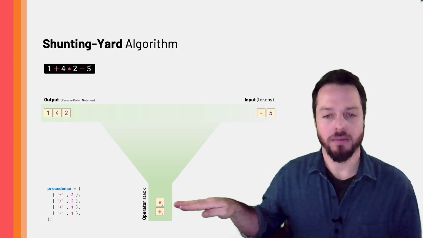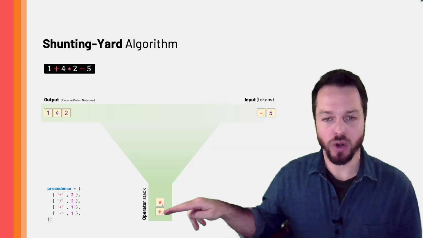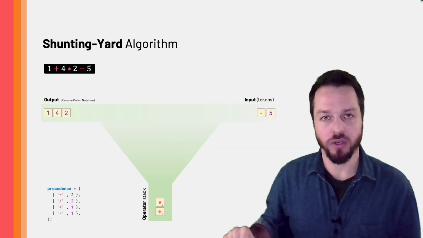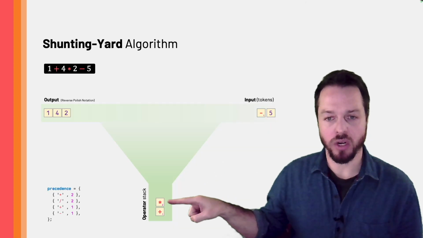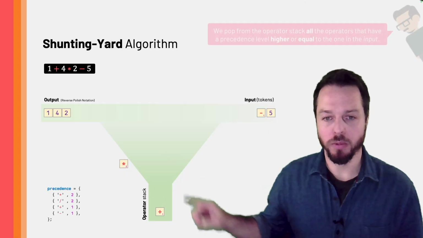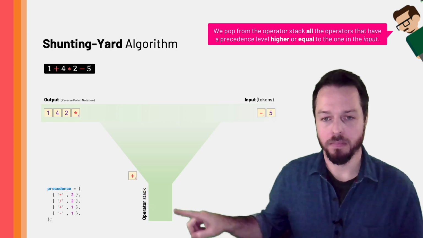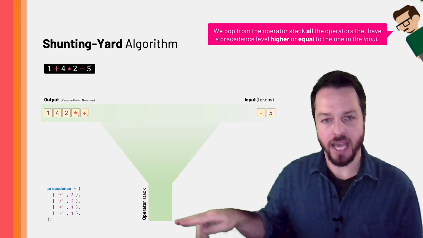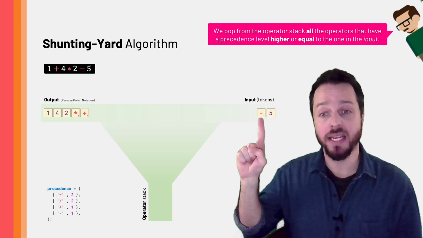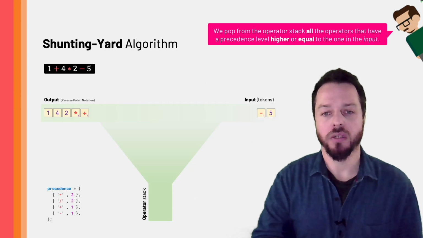Both multiplication and addition, we're going to move them to the output before we pile minus here. So these things are going to go first to the output. Multiplication goes to the output, plus goes to the output, right? We are going to pop and pop from this operator stack, move to the output, and only then the subtraction goes to the stack again.